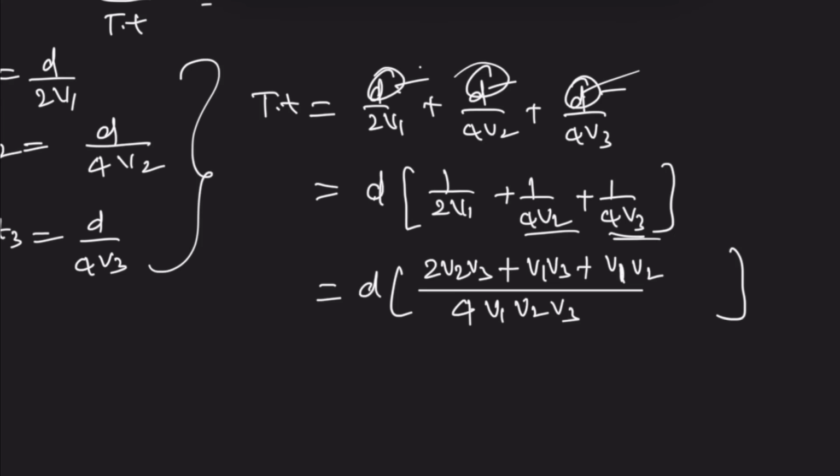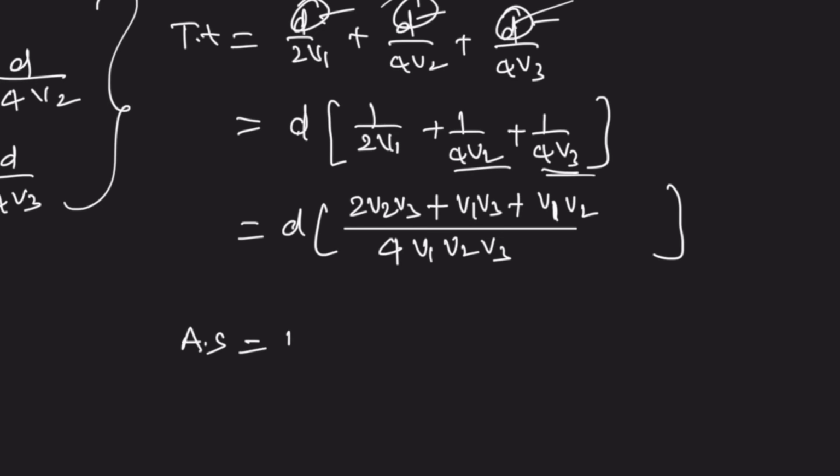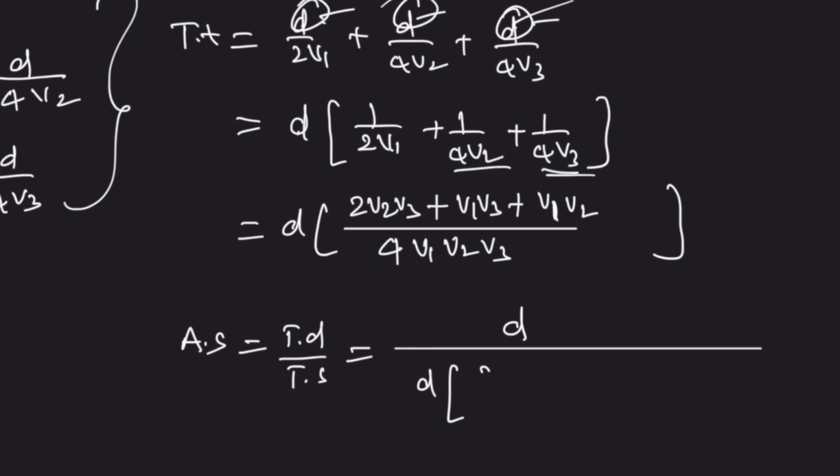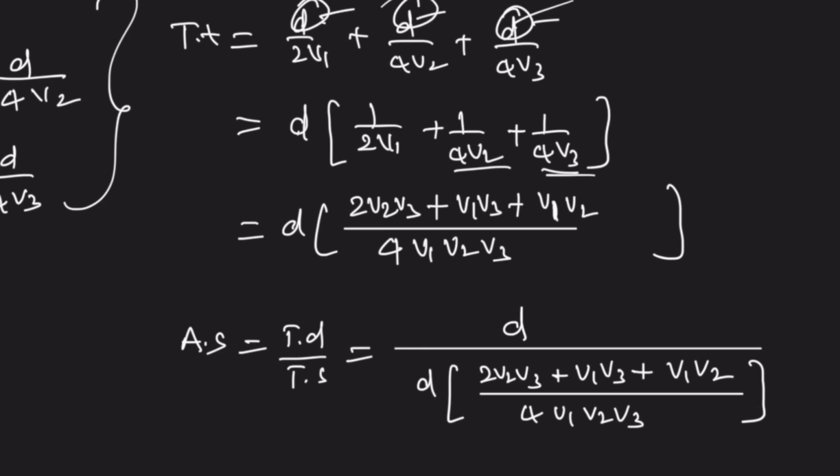Now average speed is total distance by total time. What is the total distance here? D. By what is the total time? D into 2 V2 V3 plus V1 V3 plus V1 V2 by 4 V1 V2 V3. So D, D cancel. So we get here 1. So remove brackets, no use of brackets here.